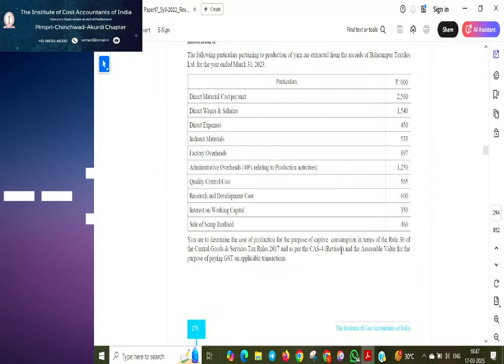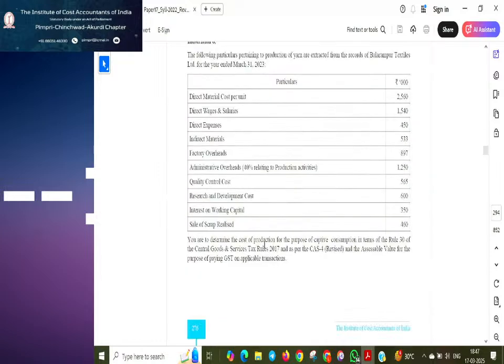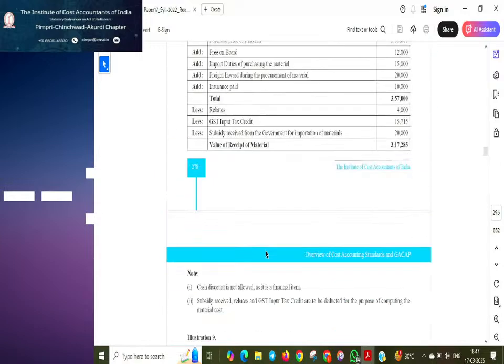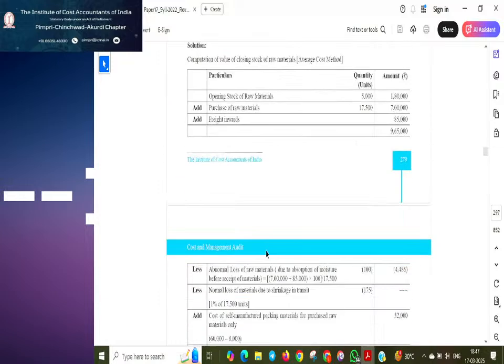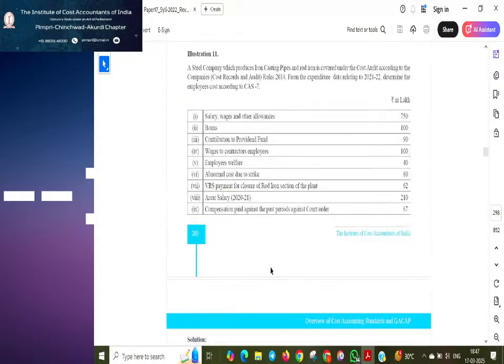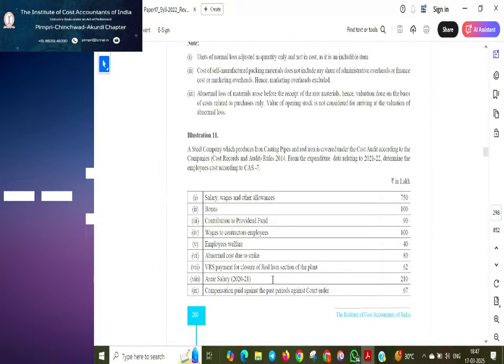Why is this and this totally different? This is illustration 11. Okay, the page numbers over here and the page numbers in your book are different. I don't know why. Okay, illustration 11. We'll go by this. This is an illustration on cost accounting standard 7, which talks about what we got to include or exclude from the employee cost.